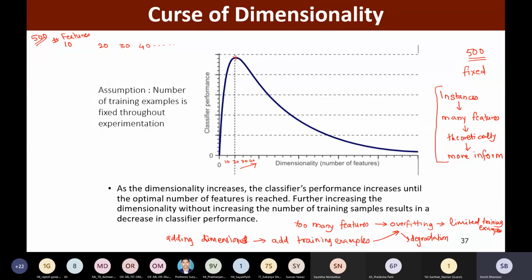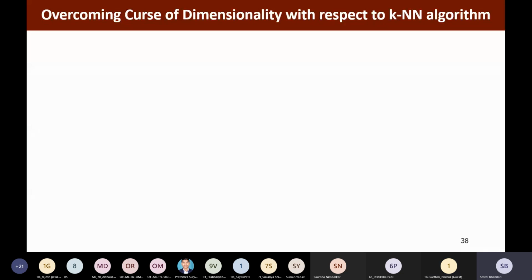Otherwise, the model will overfit and we will see degradation in the performance of the model. So I hope now you have understood the problem of the curse of dimensionality.